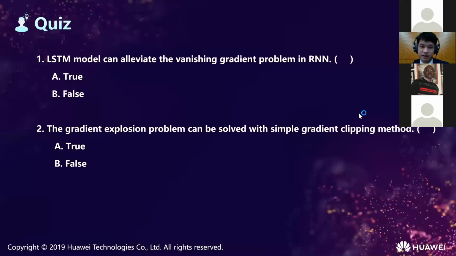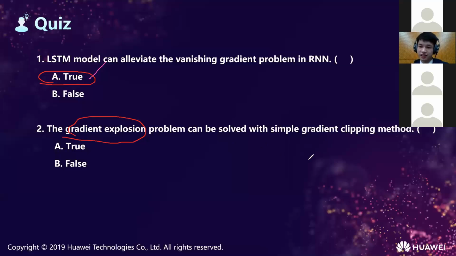So there's a quiz. The LSTM can reduce the vanishing gradient problem in RNN. You think so? Yes, true. Exactly. And there's still another problem called the gradient explosion problem in RNN. So we can set a threshold, which means the maximum value of the gradient.